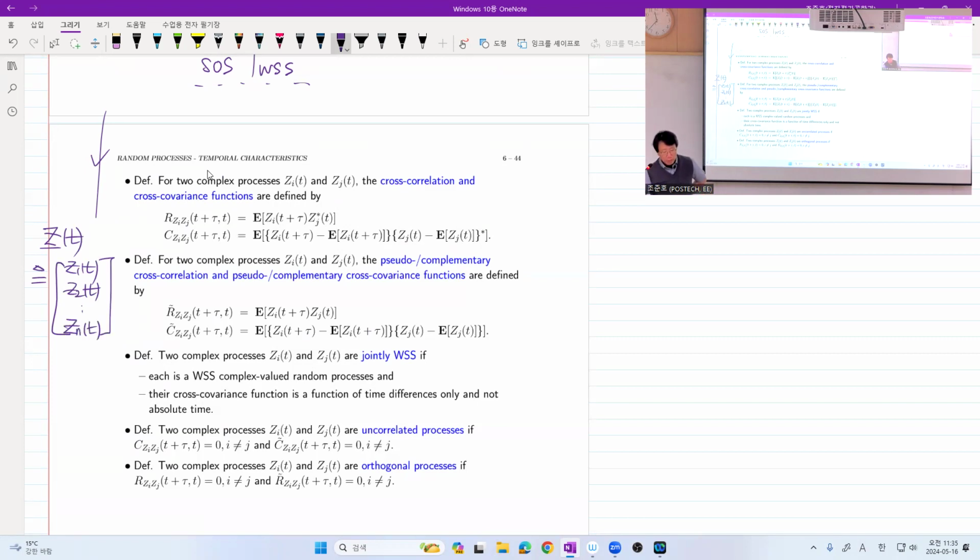Ready? When I was a graduate student, if I talked about vector-valued complex random processes, many colleagues, friends, classmates maybe laughed at me. But suddenly, this became very important because of the advent of the MIMO system.